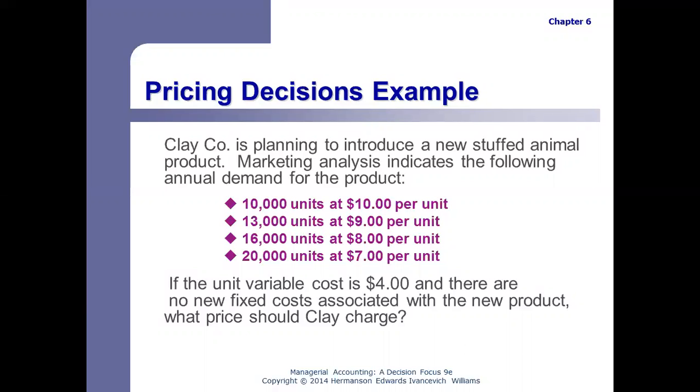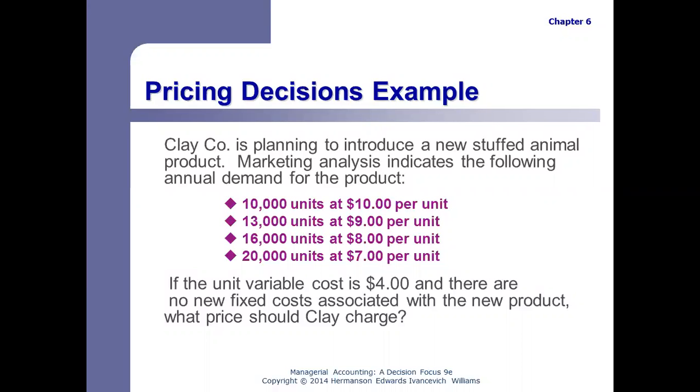They could sell 13,000 units if the price was $9 a unit. They could sell 16,000 at $8 per unit, and they could sell 20,000 units at $7 per unit. How they get these numbers is a function of marketing. So market research indicates that those are the number of units they could sell at various prices.